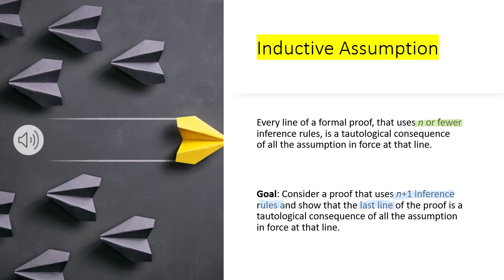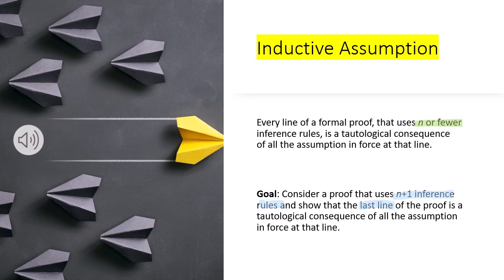Now, I'm going to color code things in our next few arguments because we'll be visiting again some of our formal inference rules. I'll highlight lines in green where we can safely assume that those lines are tautological consequences of the assumptions in force at that line.